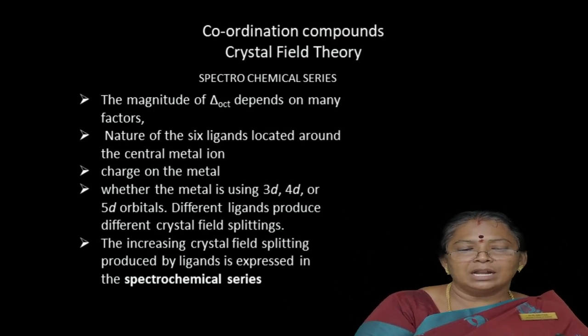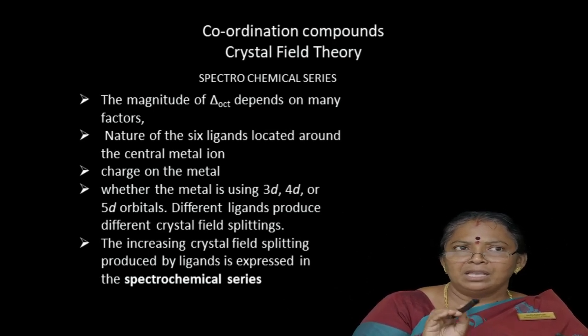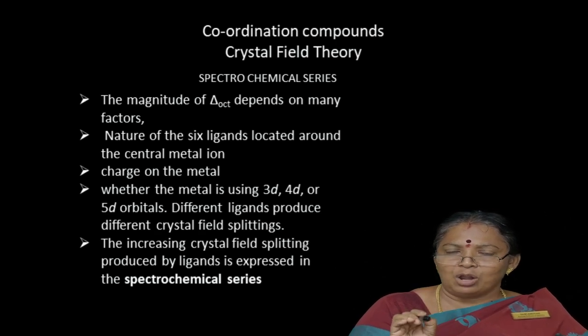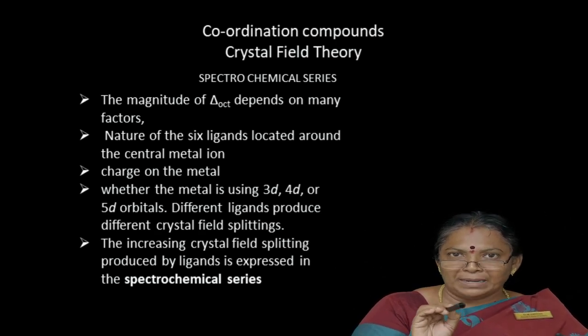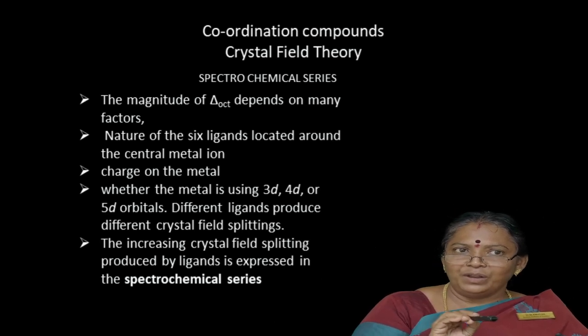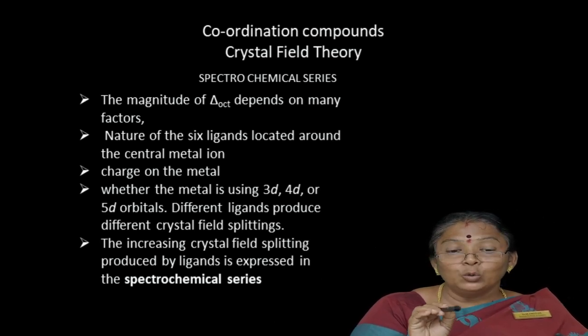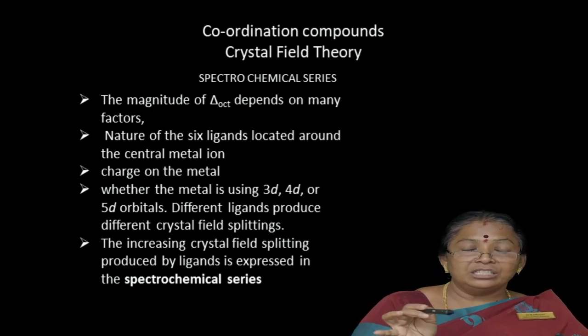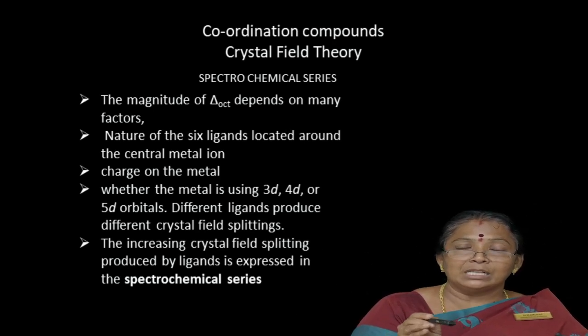Then the charge on the metal atom. For example, if an iron atom is mixed with strong field ligands, it carries a 3+ state, or else with weak field ligands, it may carry 2+. So +2, +3 or +4 oxidation states may vary the color as well as the magnetic property of that individual compound.